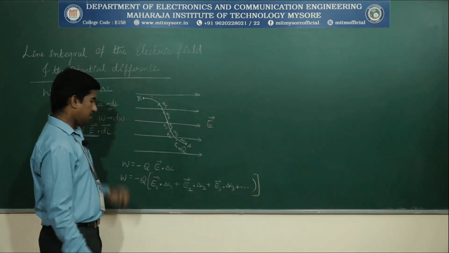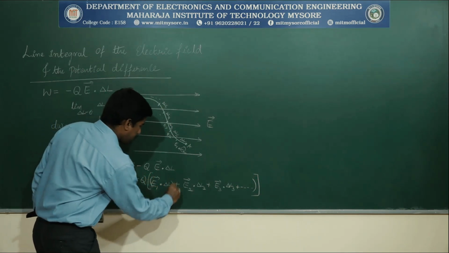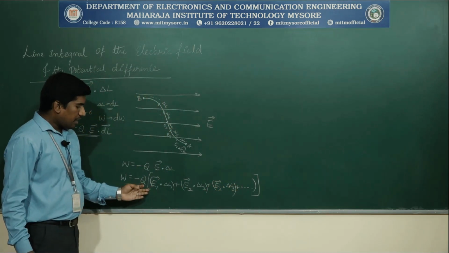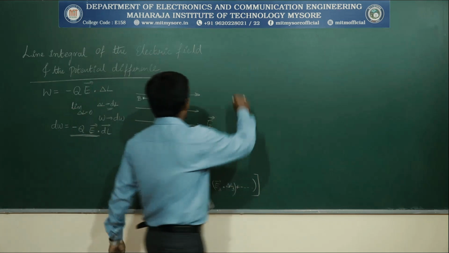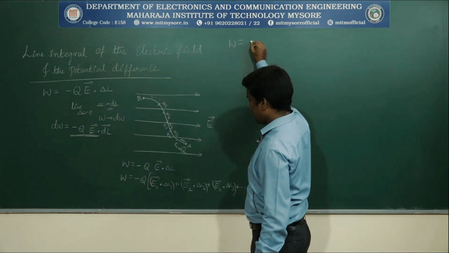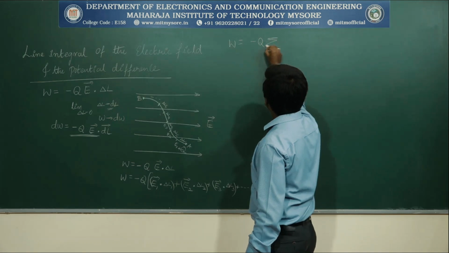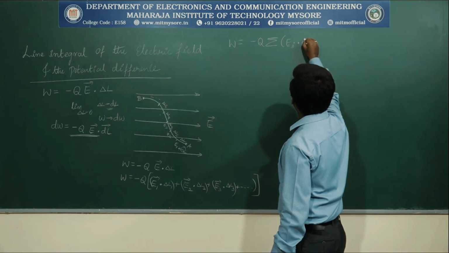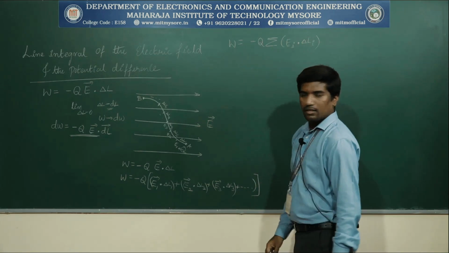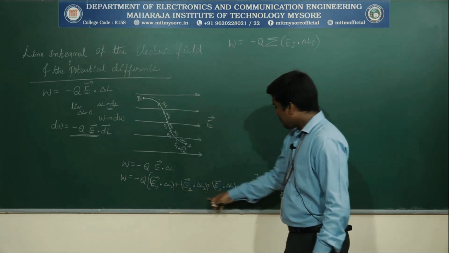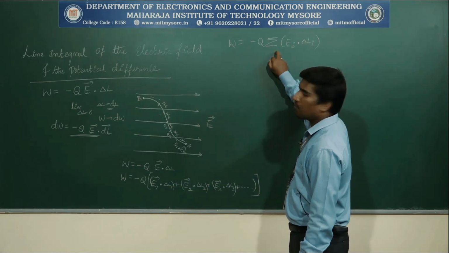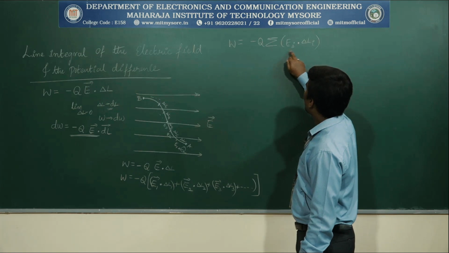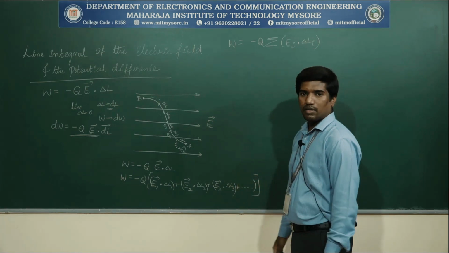We can take an infinite number of segments. Got it? Now if we sum up all these quantities, then the equation results in minus Q times the summation of Ei dot delta Li. Is it correct? If we sum up all these segments into a single equation, then summation comes into picture. The summation of all these quantities Ei dot delta Li gives us the same set of equations.